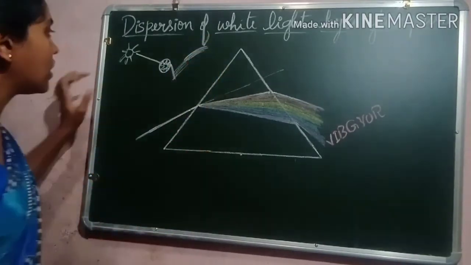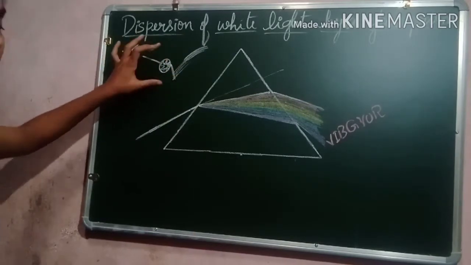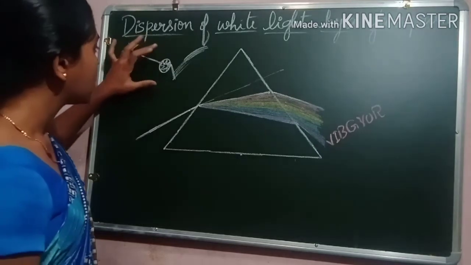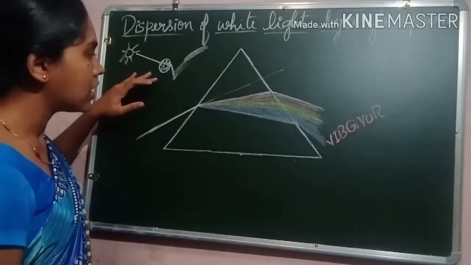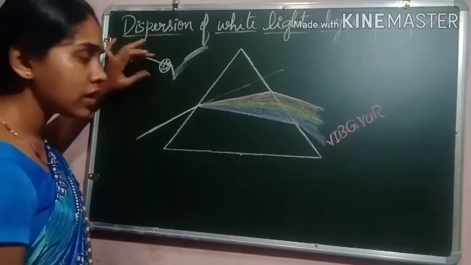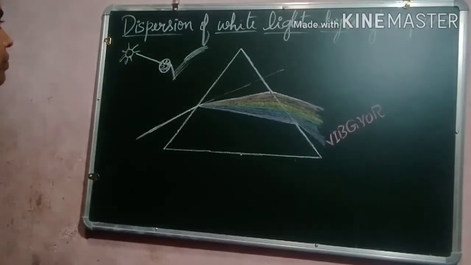That is the reason why we see the rainbow in the sky. The rainbow is caused by the dispersion and internal reflection of sunlight inside the water droplet.